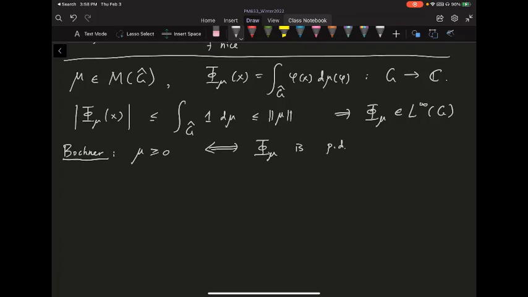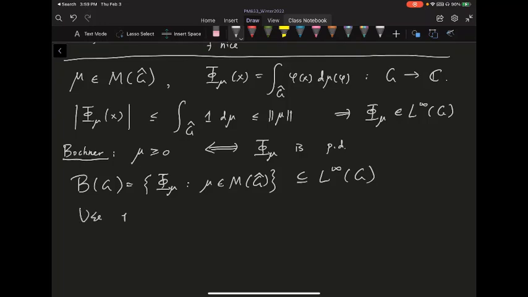Let's give it a name. Let's call it B of G. B of G is going to be all of these inverse Fourier transforms, phi of mu, where mu is a finite Radon measure on G hat. We know that's a subspace of L infinity of G. Moreover, we know the set of positive definite functions is also in there, because for each mu, you can use the Jordan decomposition.